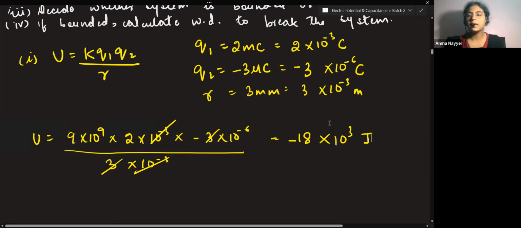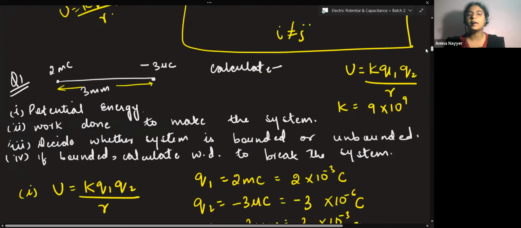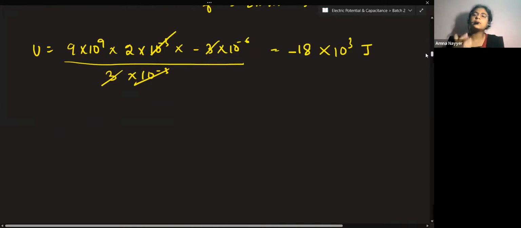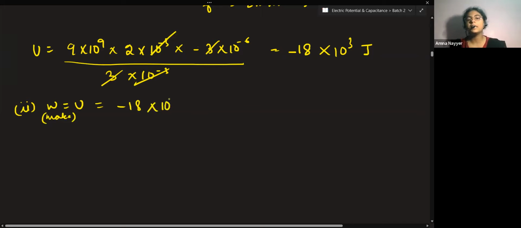The second part says work done to make the system. So the work done to make the system is the same. Remember this is to make the system. This will be minus 18 into 10 to the power 3 joules only.